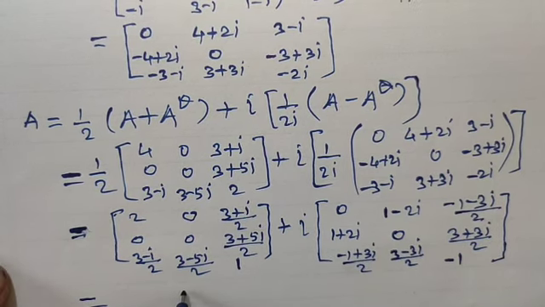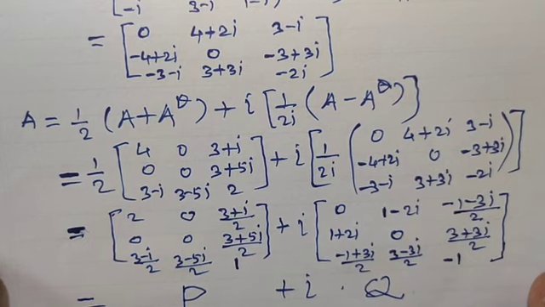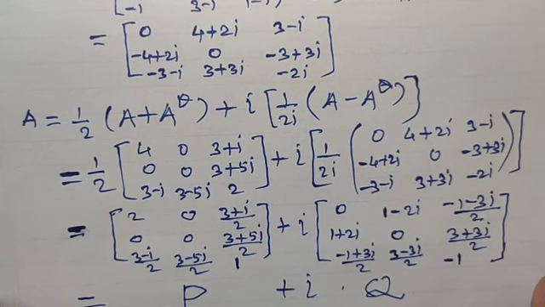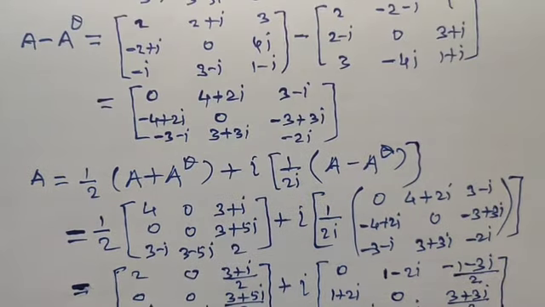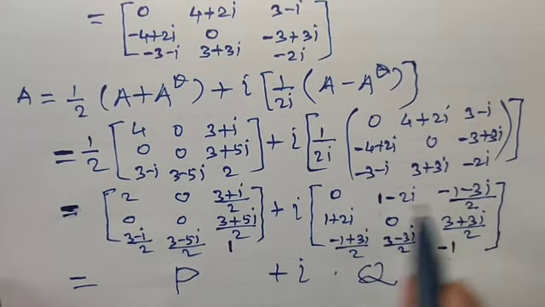this matrix is P plus i and this matrix is Q. So square matrix A is expressed in the form of P plus iQ, where P and Q both are Hermitian matrices. Here this matrix will be Hermitian matrix.